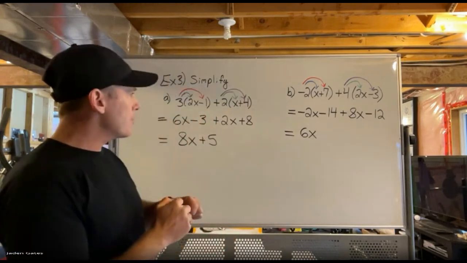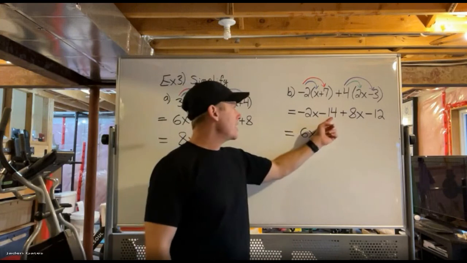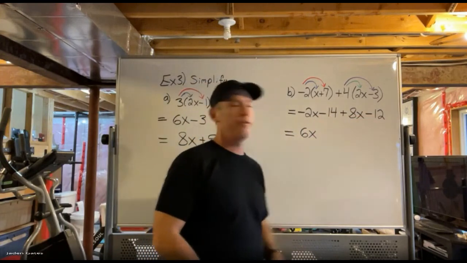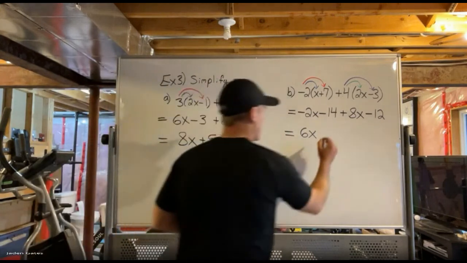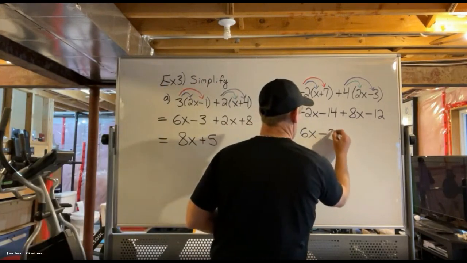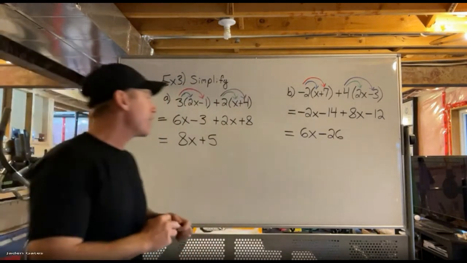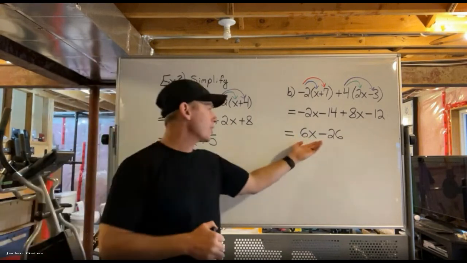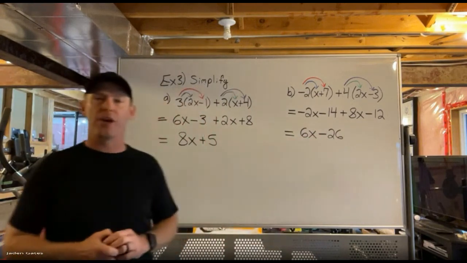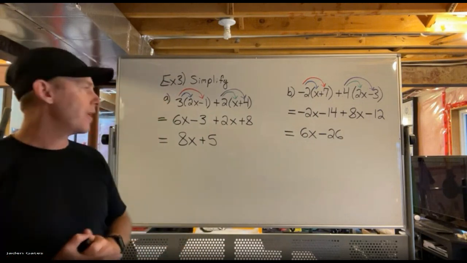And then my numbers, again, you got to watch the sign here. -14, -12. I lose 14, and then I lose 12 more. I would be down to -26. And now, again, that is as simplified as it can be because we're down to just x's and numbers. And again, they're not like terms. They're different. And so we cannot put them together.